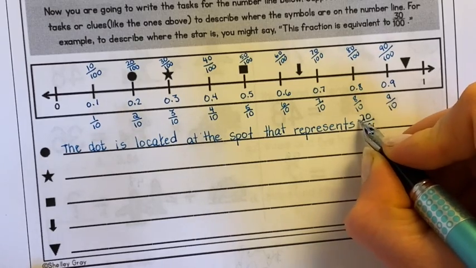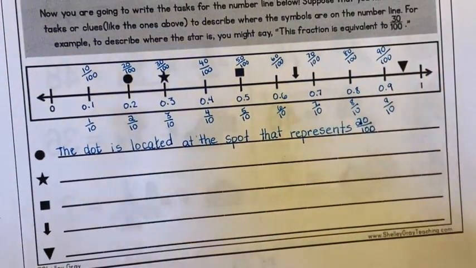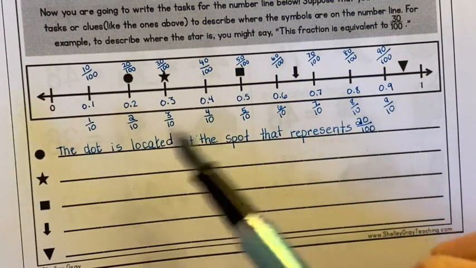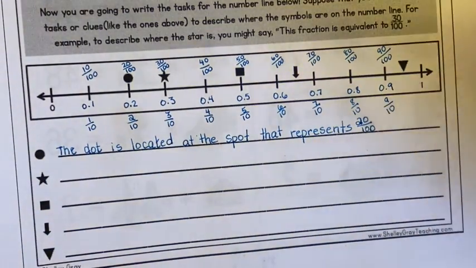Oh, sorry, 20 hundredths. Sorry, I was looking at the wrong spot. Okay, so the dot is located at the spot that represents 20 hundredths. There's the dot.